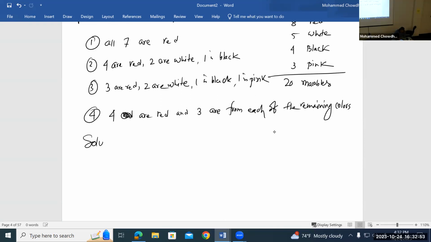Solution. Seven marbles can be picked, 20 choose 7, right?